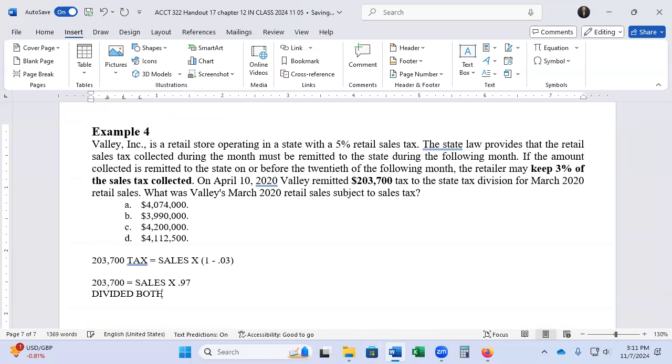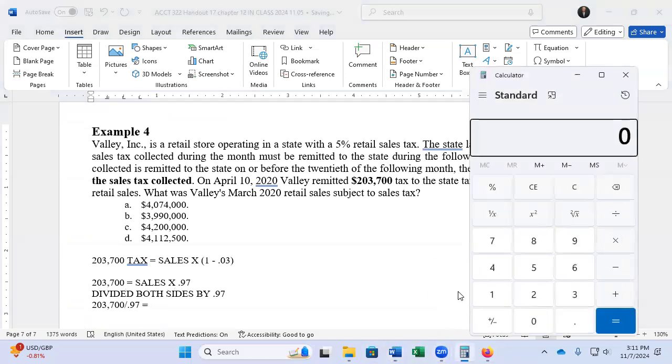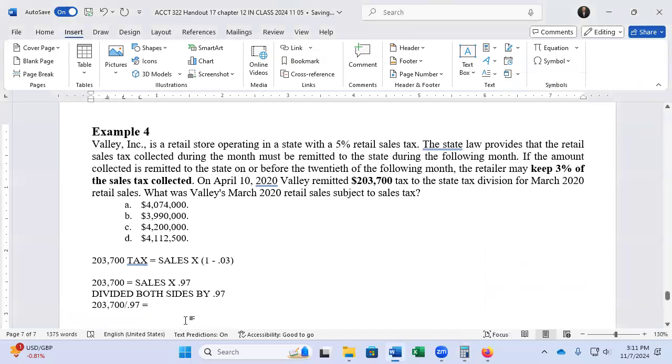You divide both sides by 0.97, and we get 210,000.